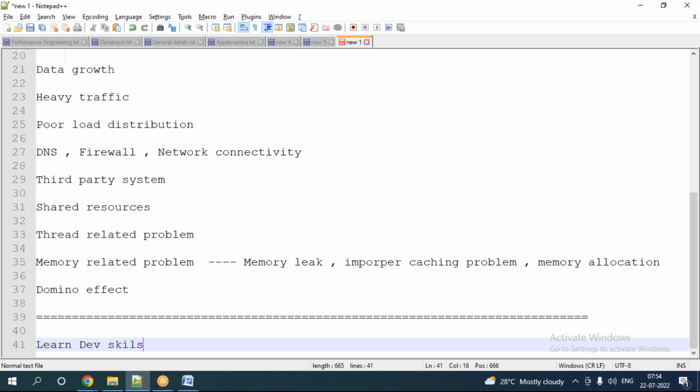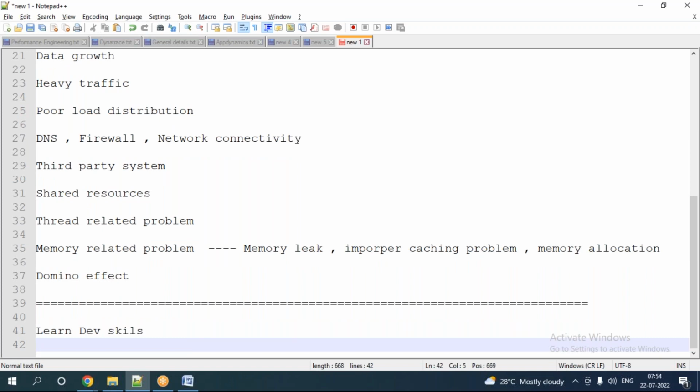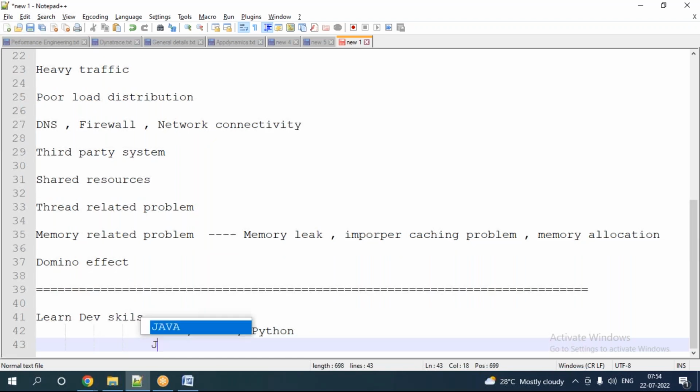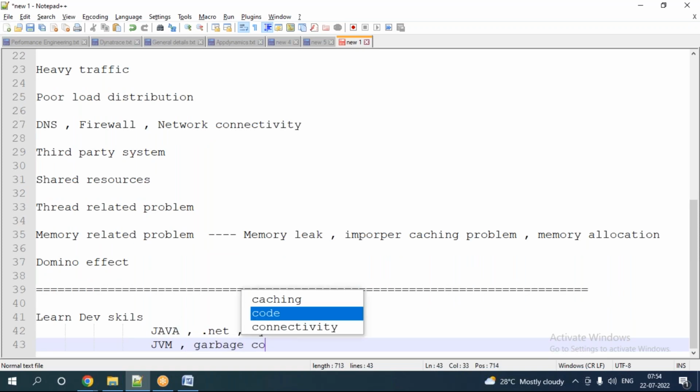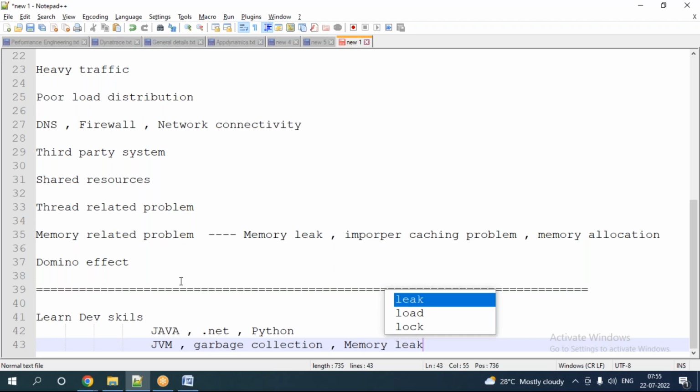So learn the dev skills. So what will you do? You can learn Java, you can learn .NET, you can learn Python. Similarly, you can learn about what JVM means, what garbage collection means, what memory leak means, what code tuning means, like that you can learn.